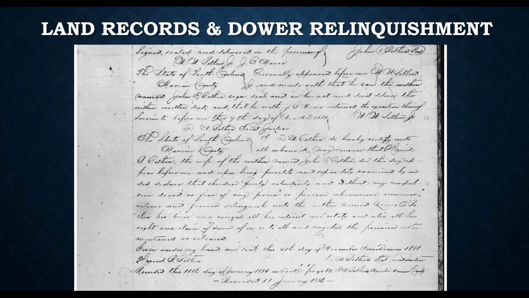So this particular document is a dower release from 1884 for Harriet Bethea, and her husband, John Robert Bethea, is deeding land to Louis Bethea in Marion County, and Louis is their son, and this is one of a series of land deeds that are happening in the family. But so John up here is saying, hey, we've sold this, this is the deal.